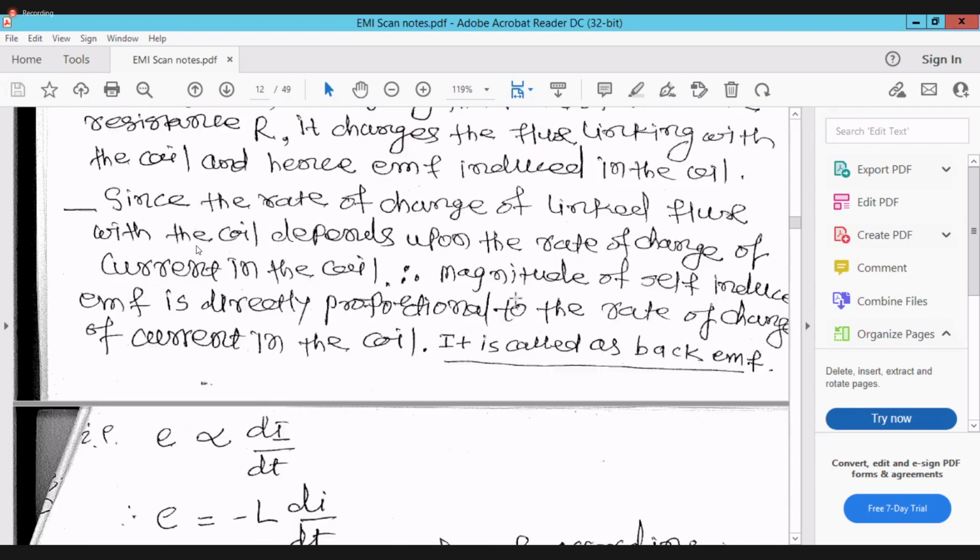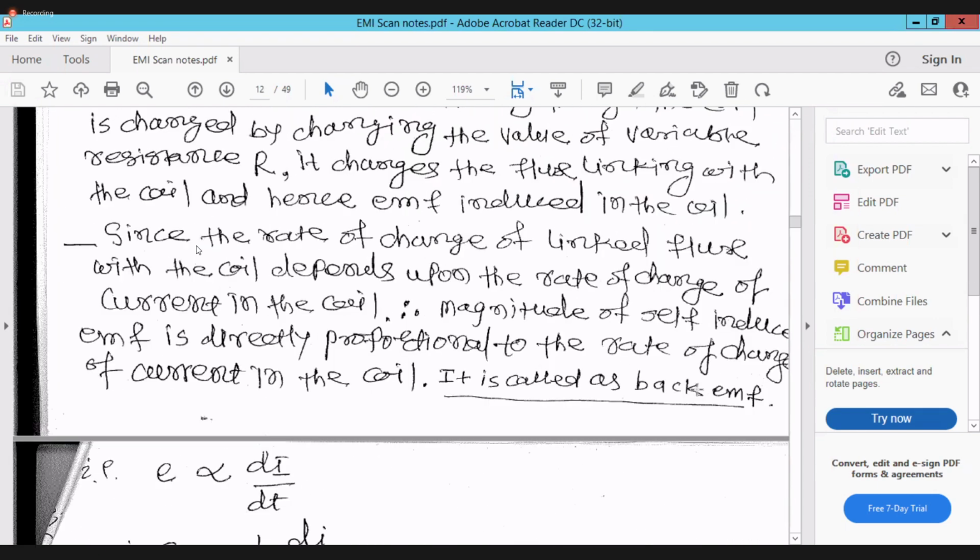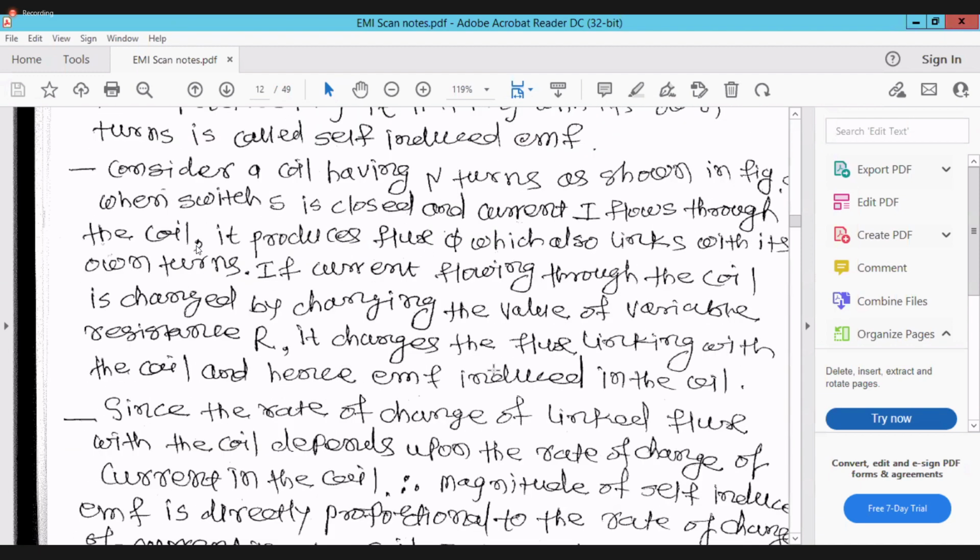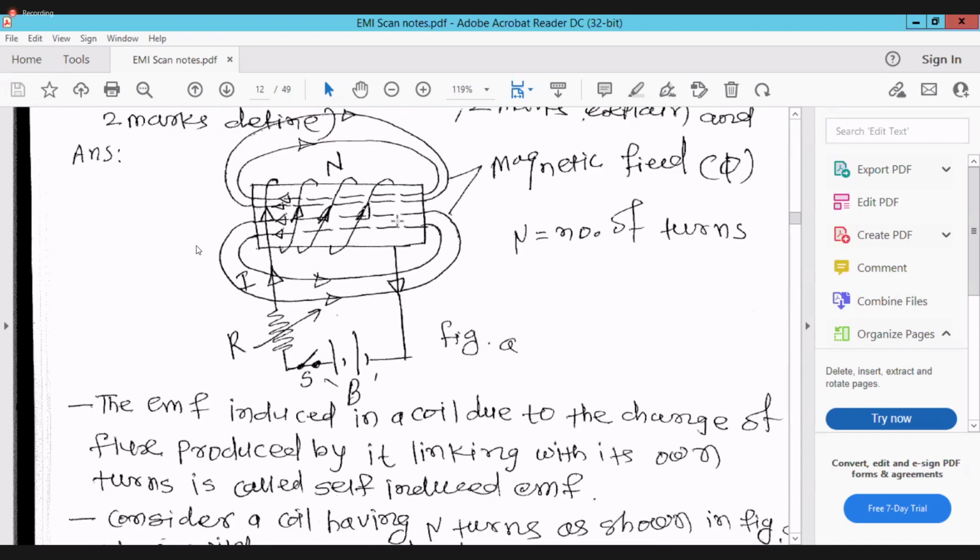You can write here one thing: it is called back EMF. I have not written why it is called back EMF, so note it down. According to Lenz's law, the direction of the self-induced EMF is opposite to the supply voltage or supply current.